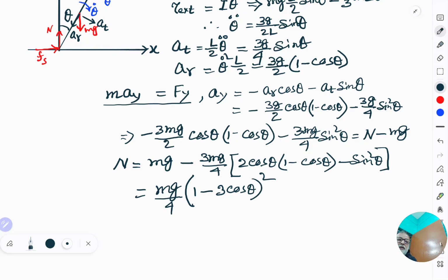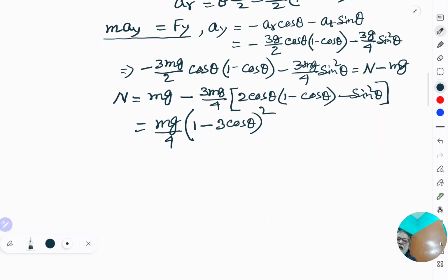If you simplify this using sin square theta is 1 minus cos square theta, you get this final expression of N.